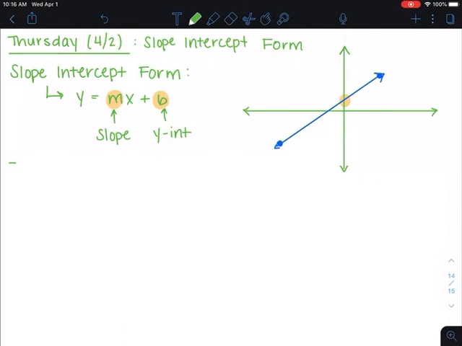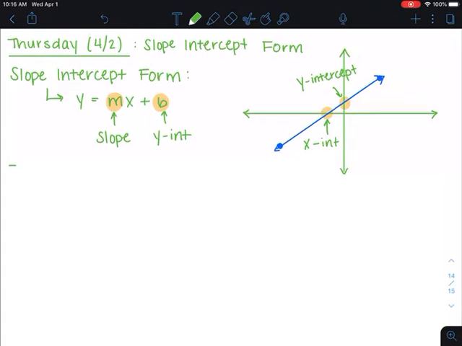We also are going to find x and y intercepts. Again, this is the y-intercept, and then where it crosses the x-axis is the x-intercept. I'm just going to abbreviate it with I and T. Okay? Alrighty, so we're going to learn how to find this equation given 2 points.